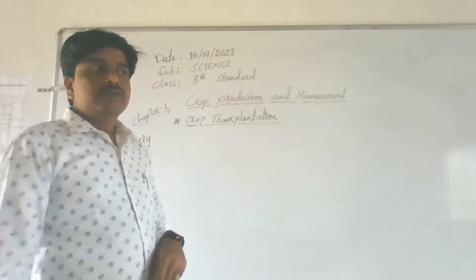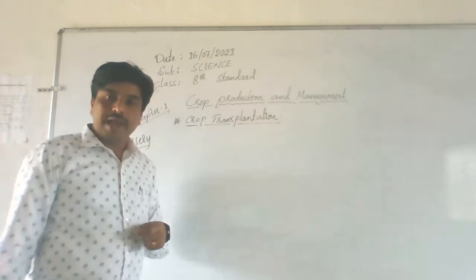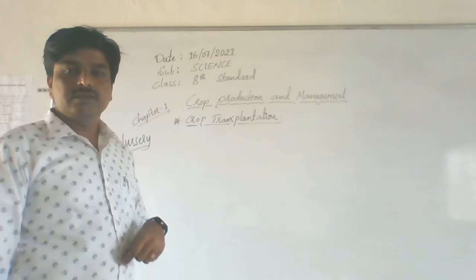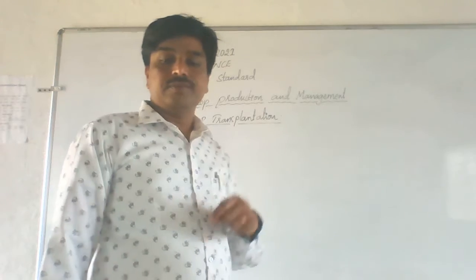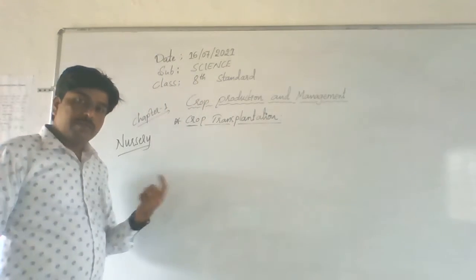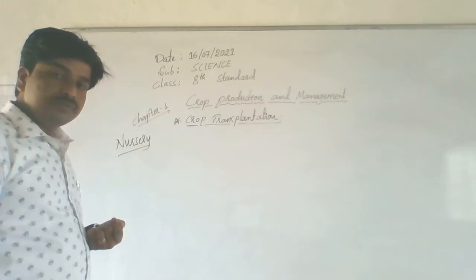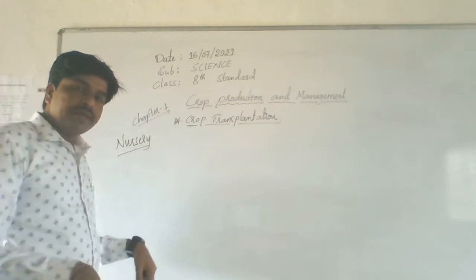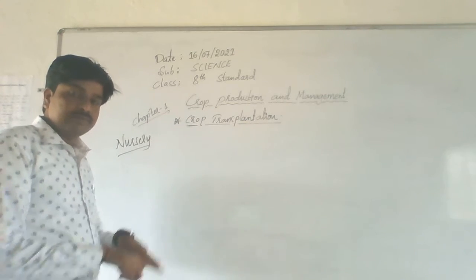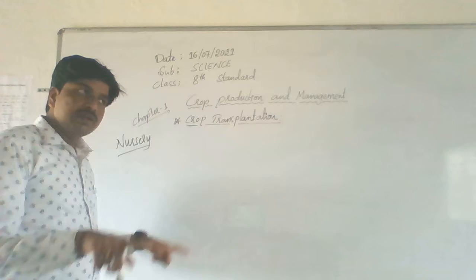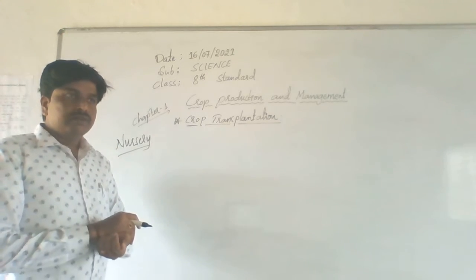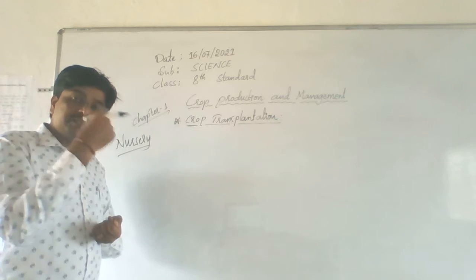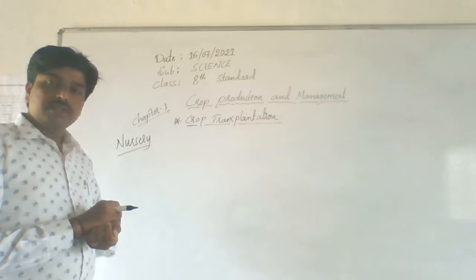Understand? So crops like paddy, that is rice, chili, and also some seeds like tomato are grown in a small area. That means in a nursery. Understand? So in the nursery, seed germination happens.